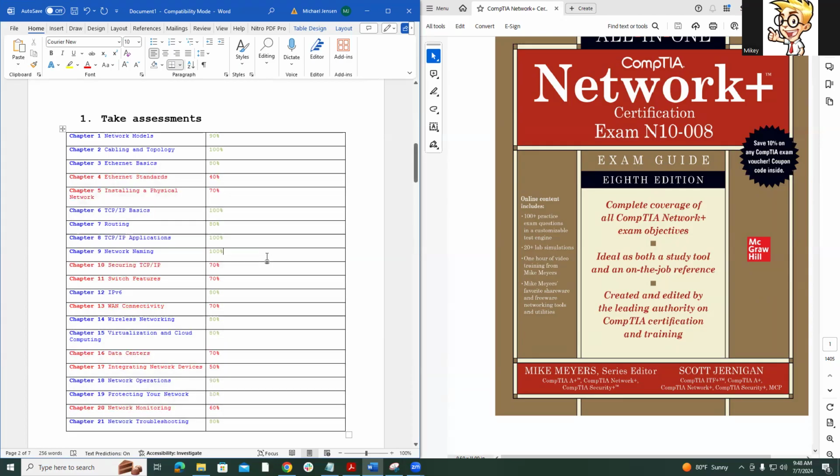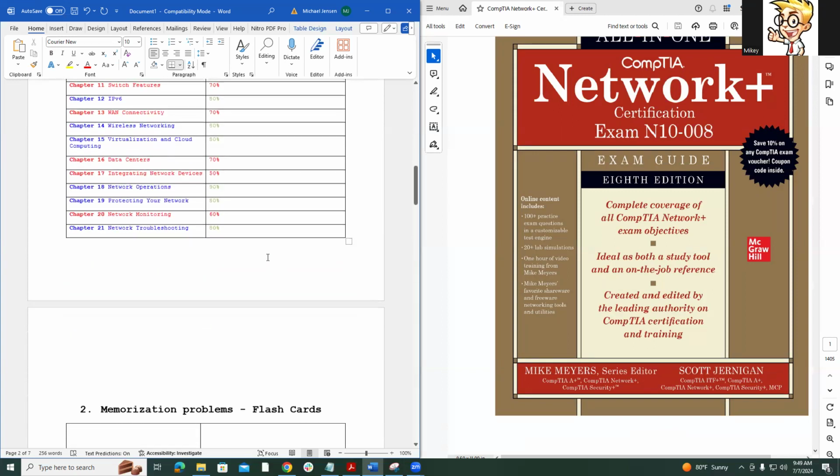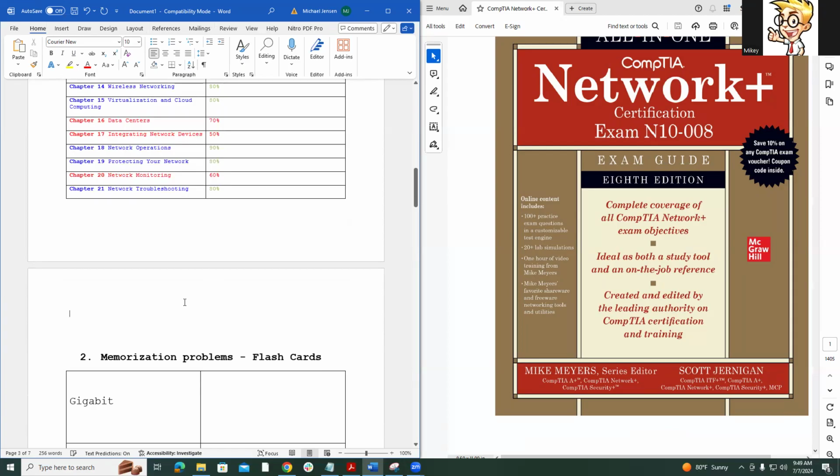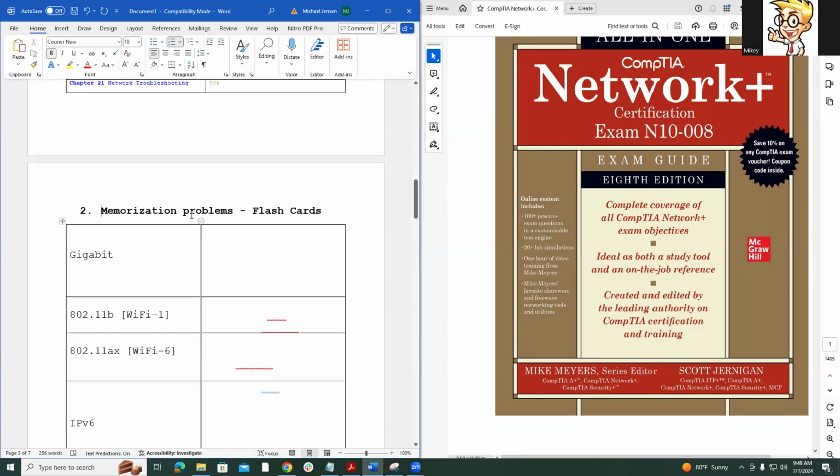Take some time to find good assessment material and practice exams, and know what domain and objective those questions are in, and then you can start studying those specific objectives or topics.